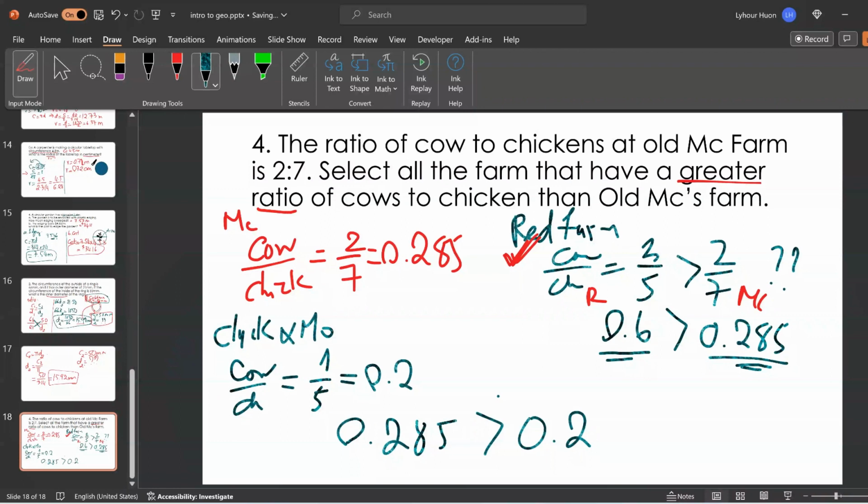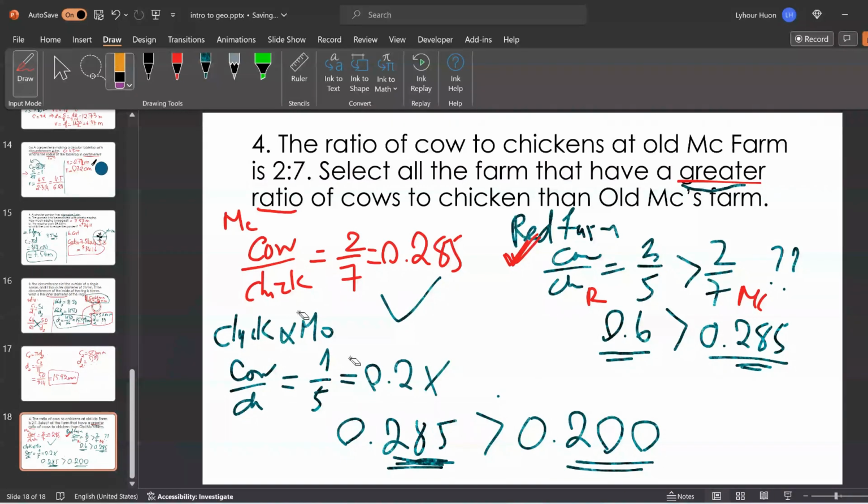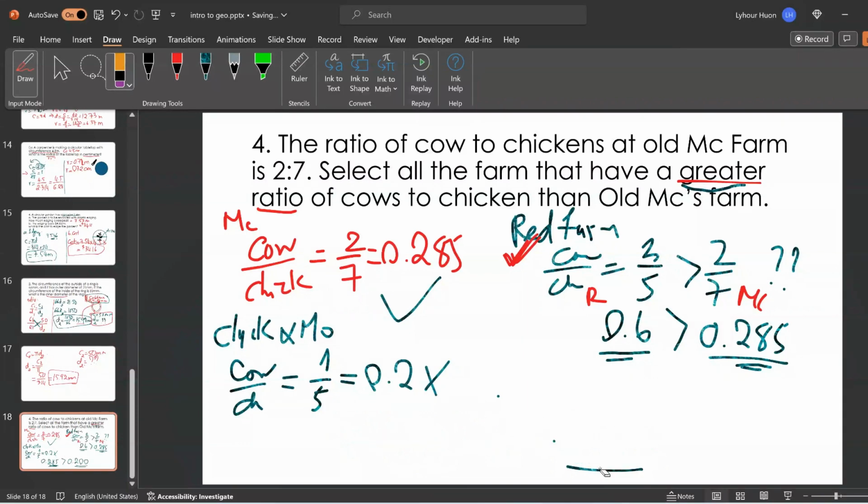Why? Even if we add 0 after the decimal, it's 285 and this one is 200. So this one is still greater than Cluck and Moo. We only want the farms that are greater. So this is not greater. So no, not this one.